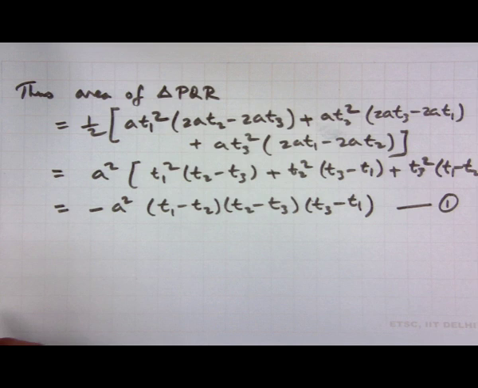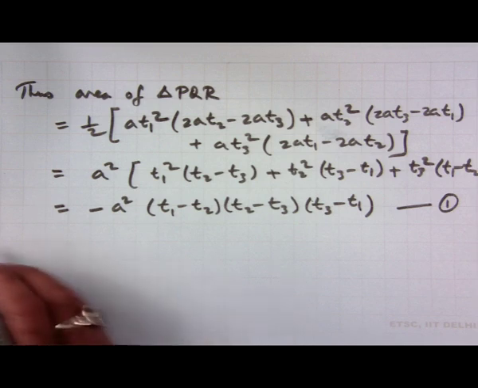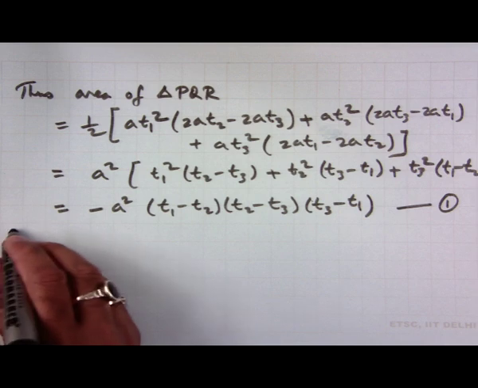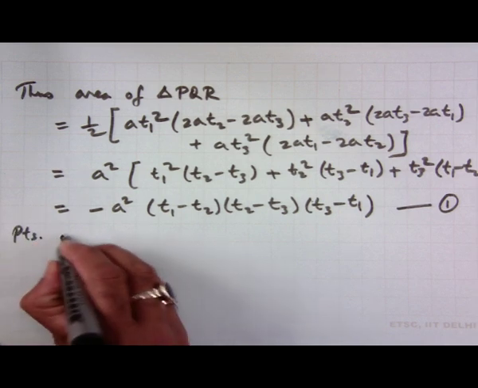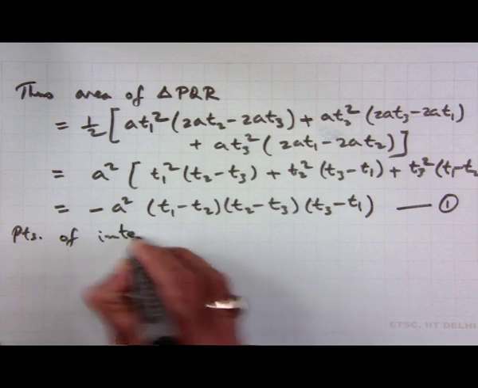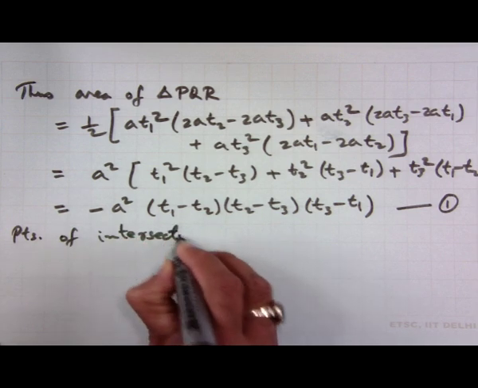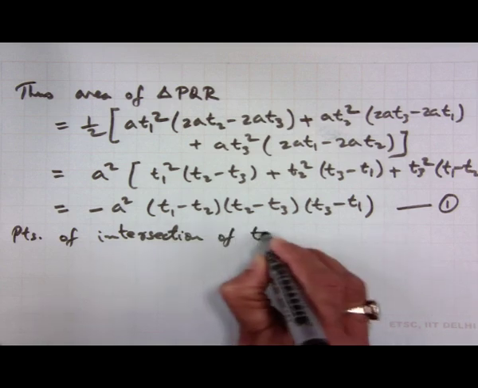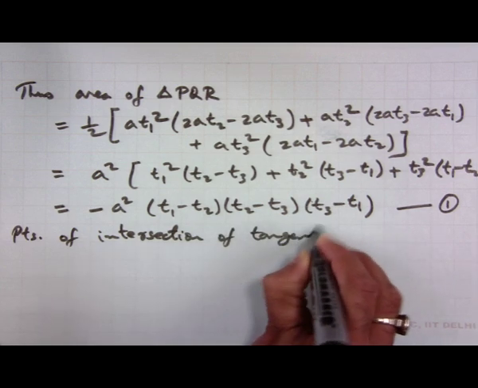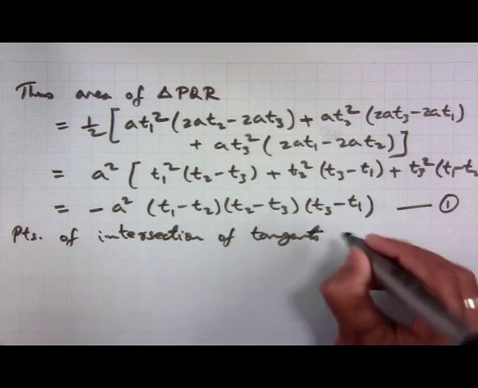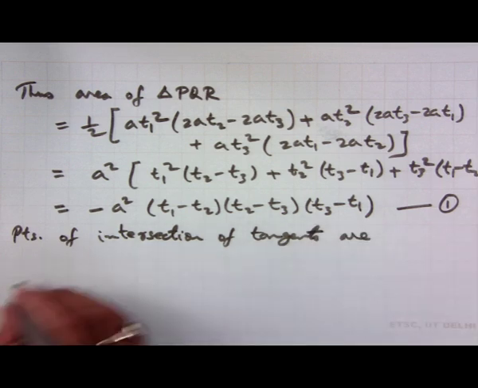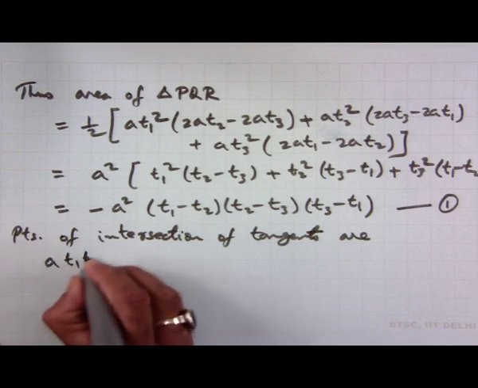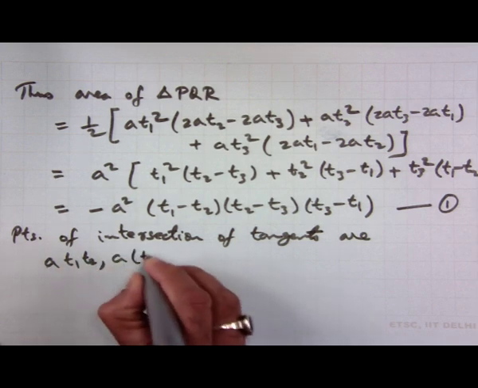Similarly, we have to find the area of the triangle formed by the tangents at these points. So, we know that points of intersection of tangents are given by a t 1 t 2, a t 1 plus t 2.